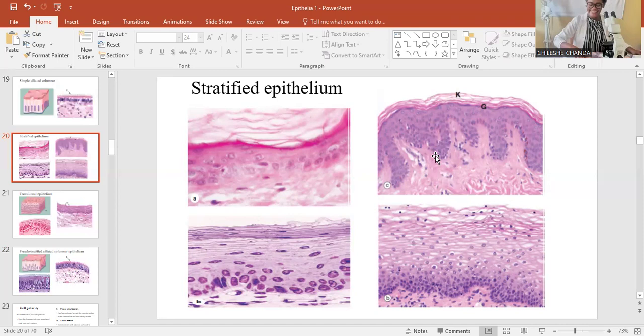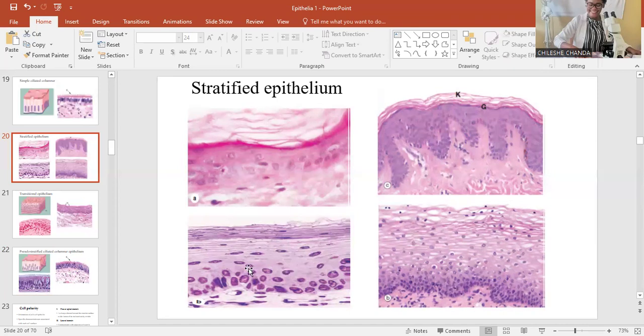So when you look at the skin under a microscope, this is what you're going to see. And then when you magnify it, this is what you are going to see yet again. When you magnify it even further, this is what you're going to see. Remember, I said that when it's stratified epithelium, the cells may be of different shapes.